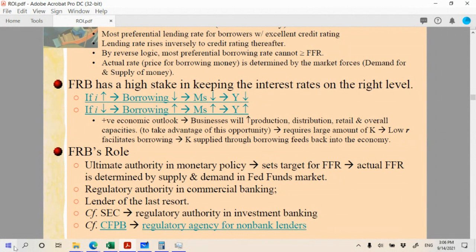The financial crisis, the unbridled subprime mortgage lending, was the result of lifting the separation between commercial banking and investment banking.